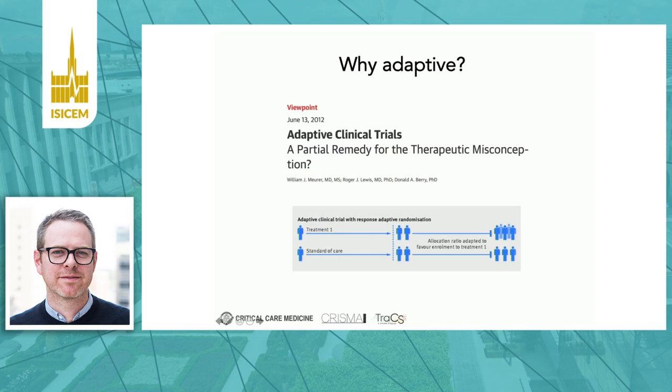And that model sets up decision rules throughout the trial so that as the dice is rolled or the coin is flipped when patients enter the trial, over time, that coin may be weighted to one arm or the other, depending on how the treatments are impacting outcome. And in fact, we're weighting patients' randomization to the arms that tend to perform better. And that's what's shown in the schematic down at the bottom.